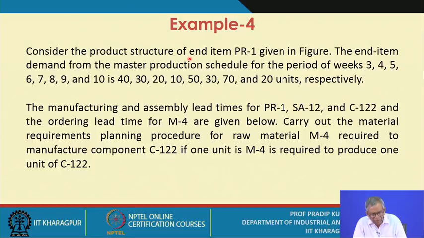As I have already pointed out, the first thing you need to do is look at the data pattern, whether it is erratic or not. In the majority of cases these days, particularly for end item demand, you may come across an erratic demand pattern. The manufacturing and assembly lead times, there are two aspects.